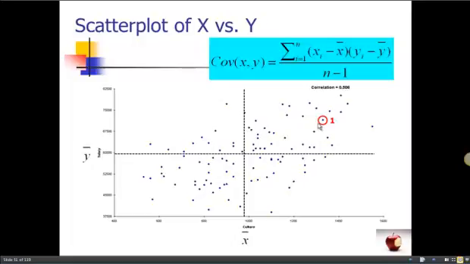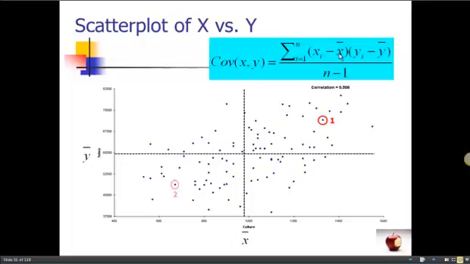So this is a positive deviation. What about its y value? Its y value would fall somewhere here on the y-axis, and its y deviation would also be positive. So the product of the deviations of the x and y values for point 1 is going to have a positive sign.